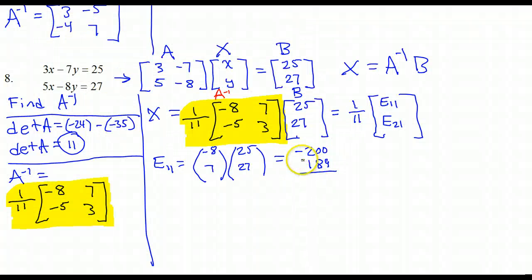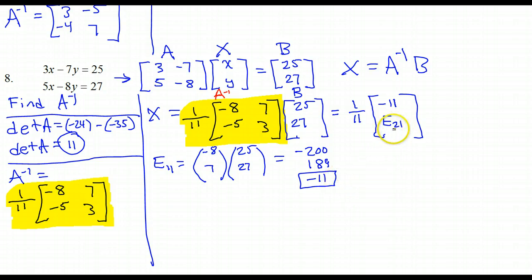So -8 times 25 is -200, and 7 times 27 is 189. Combining these like terms, I get -11. So that is our first element, which I can go ahead and put in there. So I have my -11.